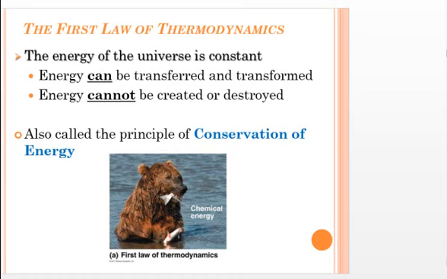This is not creating energy. You're creating starch or glucose, but you're not creating the energy. The energy within that molecule has been transformed. Do not be the student who breaks the first law of thermodynamics on their test.